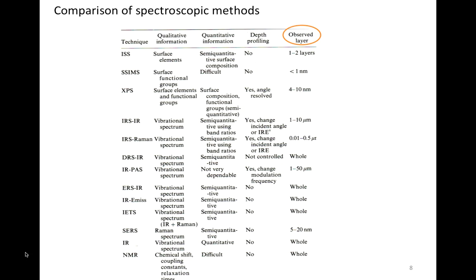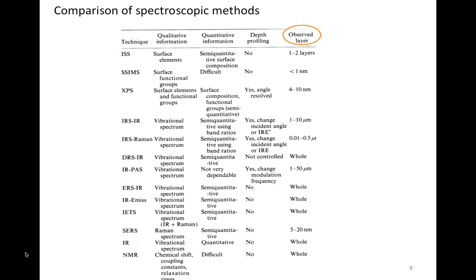But nonetheless, you can also get some information, especially for comparing if you have a modified surface. I would like to point out that surface enhanced Raman spectroscopy is also quite surface sensitive, but this is surface enhanced, and we'll see how this works. It's semi-quantitative.